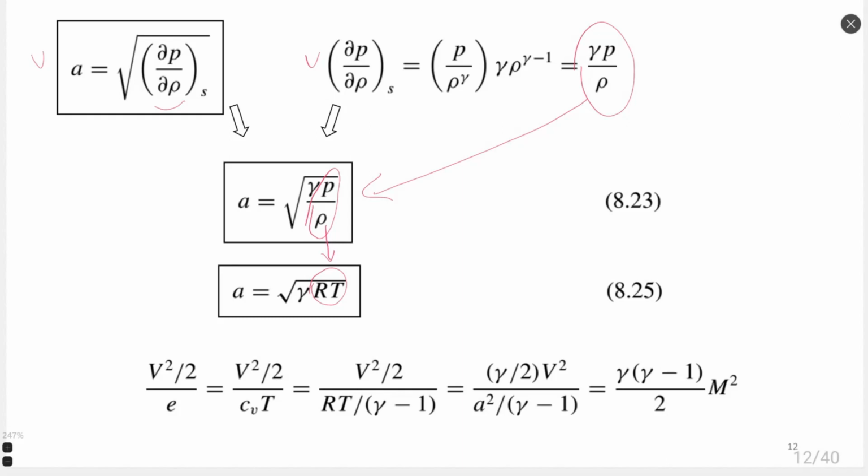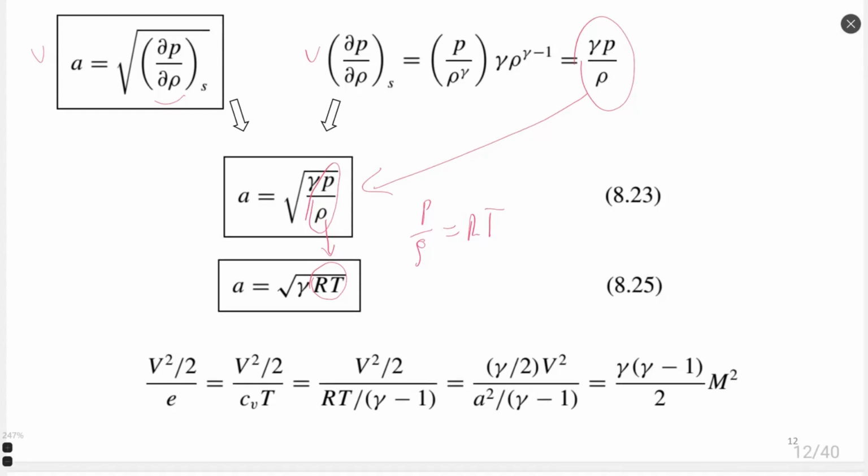Equation of state: P divided by rho is equal to RT. So this is the speed of sound definition, which we found from the equation system elaborated previously, and applying isentropic relations from our previous discussion.